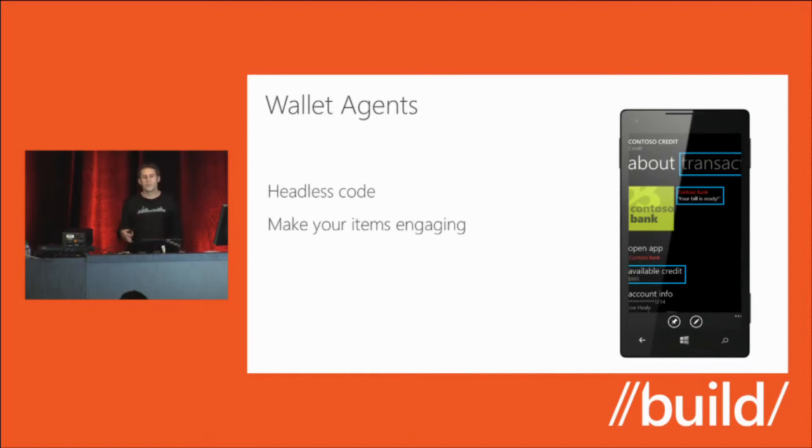A couple of things to note around developing agents. One is, as with other agents on Windows Phone, like audio agents, you are a bit restricted in terms of the resources that you're allowed to use. The other thing is that since you can't show UI from your agent, you do have to authenticate silently.